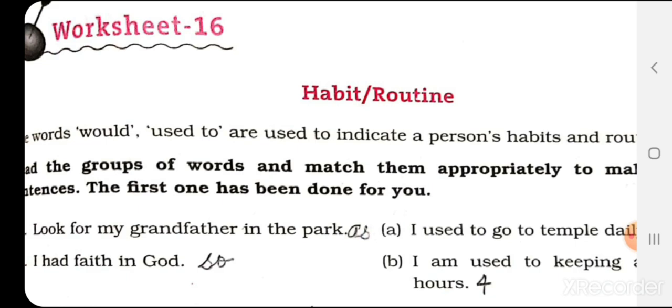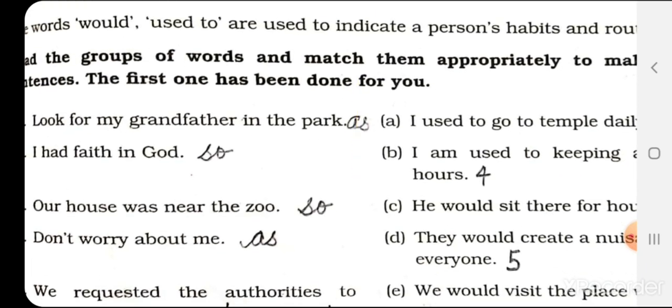Now, students, read the groups of words and match them appropriately to make meaningful sentences. The first one has been done for you. First one, students, I had faith in God. So, I used to go to temple daily. Here, I had faith in God is given to you.